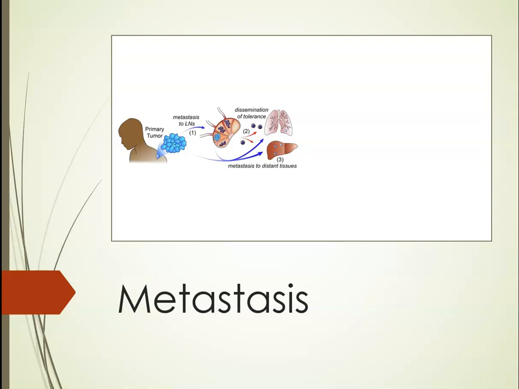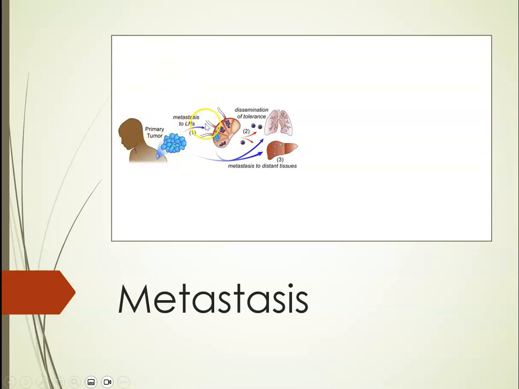So to get back to it, the primary site is where the cancer originates from first. Now, these cancer cells sometimes move, which is called metastasis, from the primary site to other areas. They travel through the blood and through the lymphatic system, as mentioned earlier on.